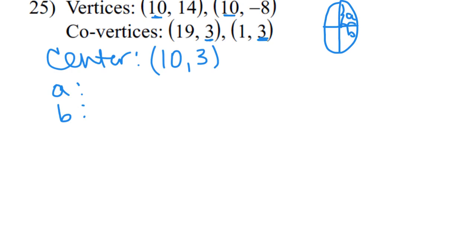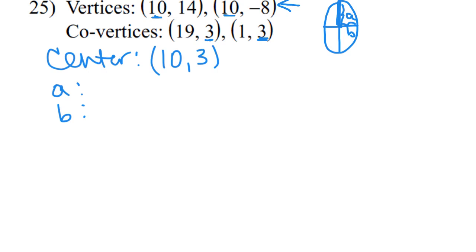So I'm looking at this ellipse, and it says the vertices are at 10, 14, and 10, negative 8. That means that this ellipse is being stretched the long way along the y. So since that's happening, then my A value is going to be right here along the y-axis. So what I need to do is find the length between 14 and negative 8.